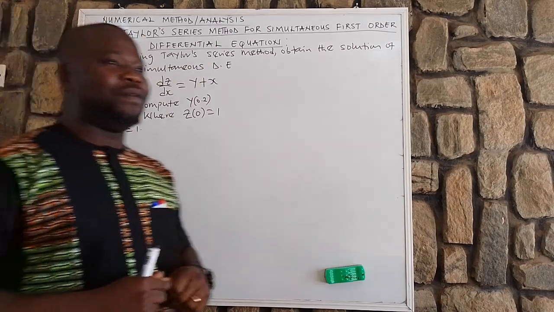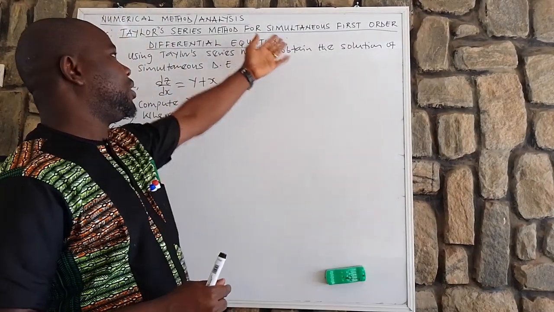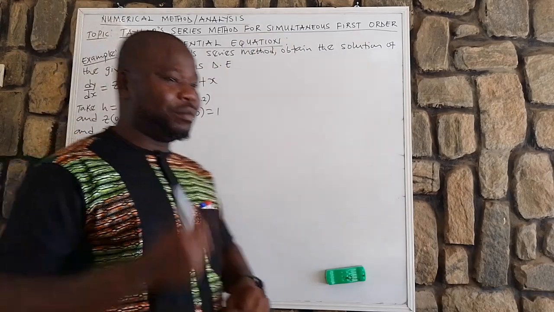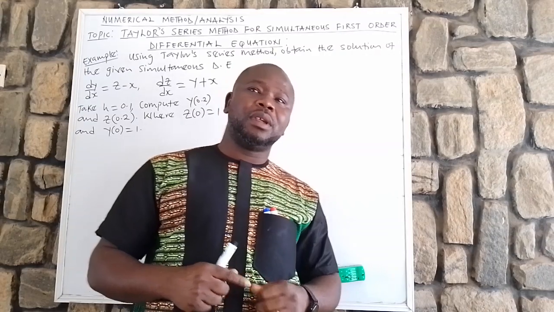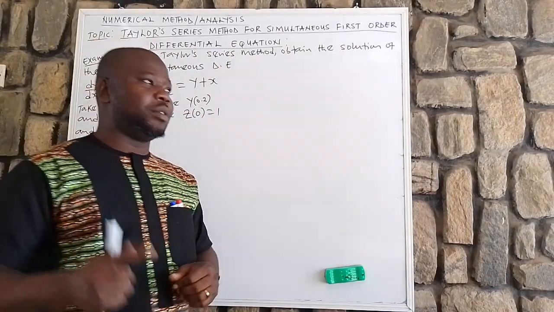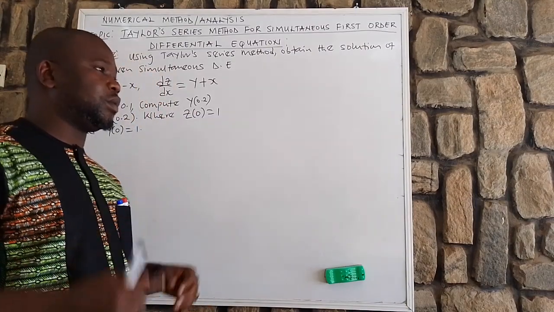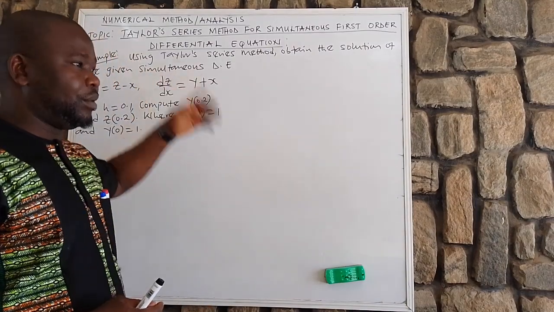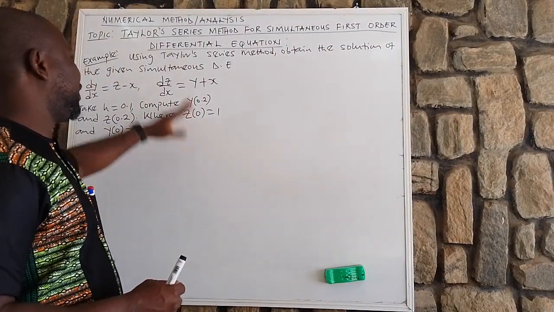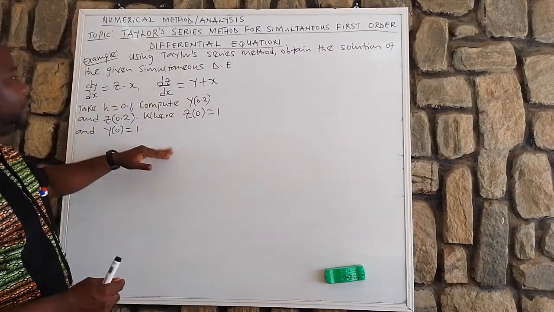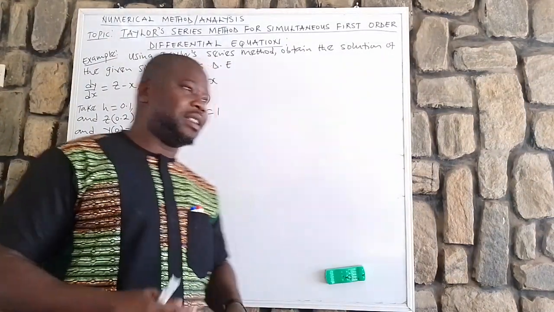It means that if you know it very well, don't be scared of the name simultaneous. Go back to your secondary school. I think you started solving simultaneous equations from JS2, if I'm not mistaken, JS2, JS3, up to SS3. It's like that, but here it is more advanced. So I'm going to break it down for you. So don't be scared.